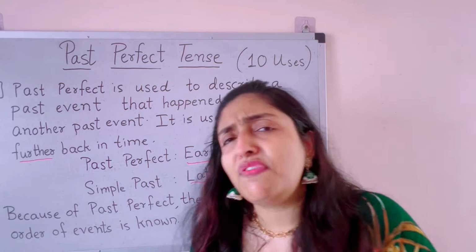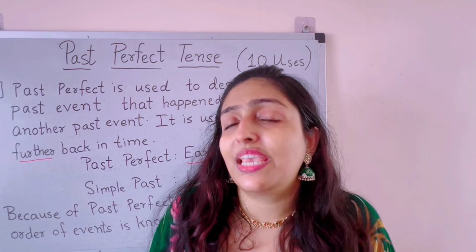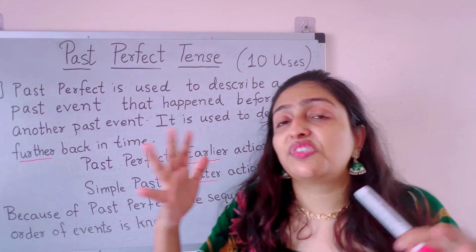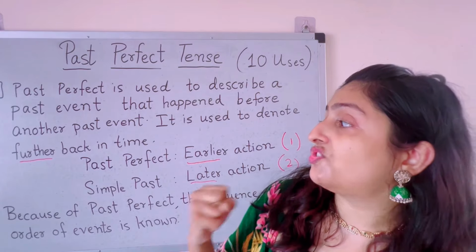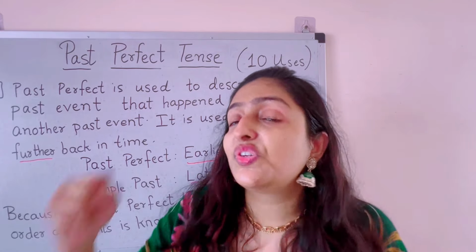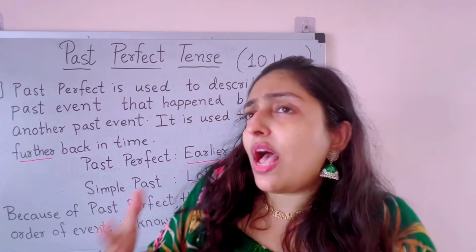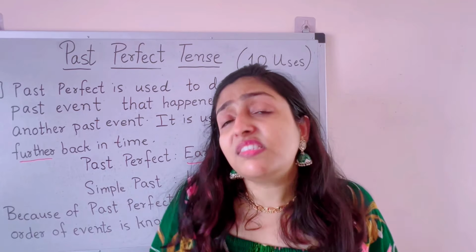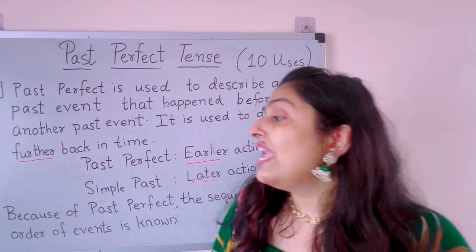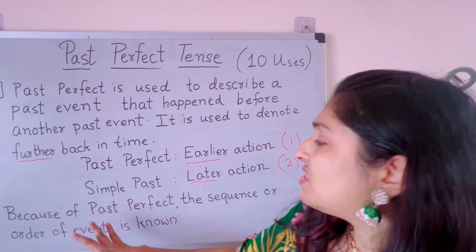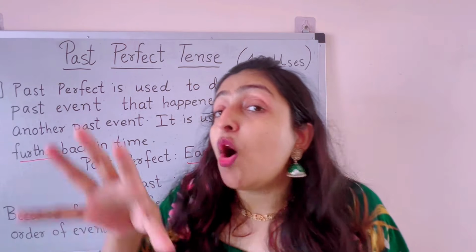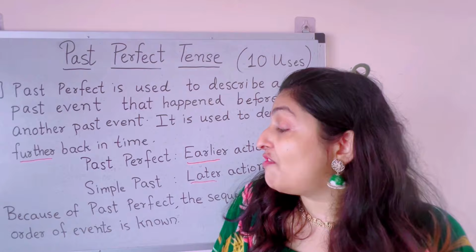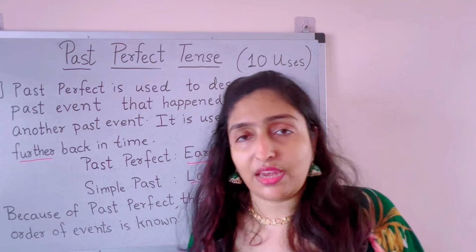The second event or the second action that is taking place is written in simple past, and the earlier event is established in past perfect. Now, if you ask me, what is the necessity of past perfect? It is because of past perfect that the sequence or the order of events is better understood.